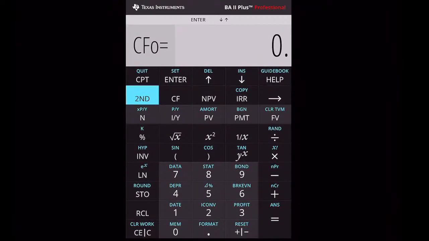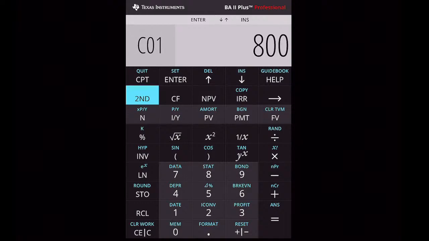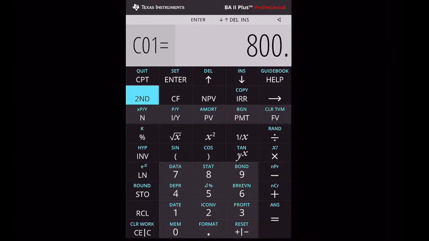Okay, we're going to clear work, and let's enter these values. So enter them as usual. 2200 negative, enter, and then scroll down and enter 800, and it's going to be down and down.